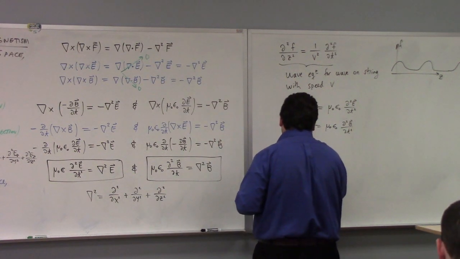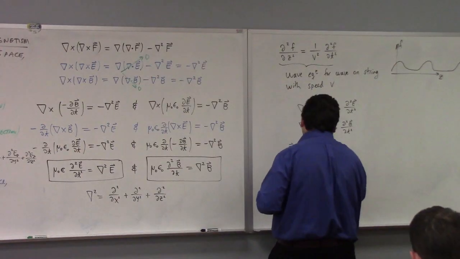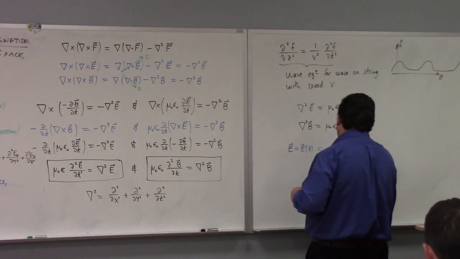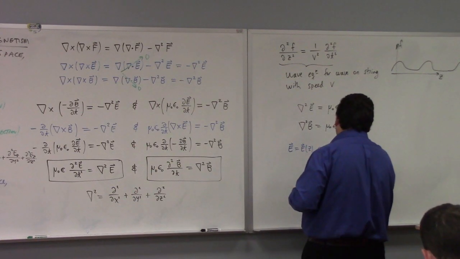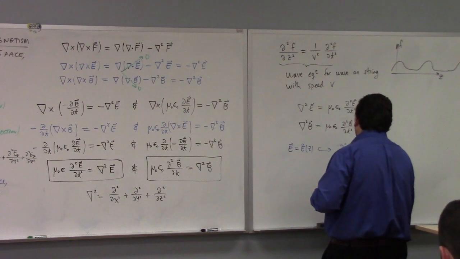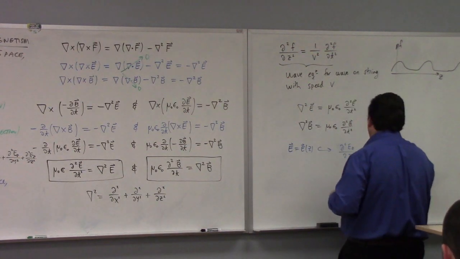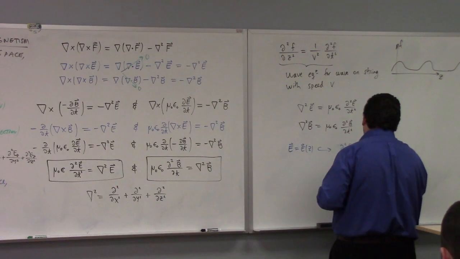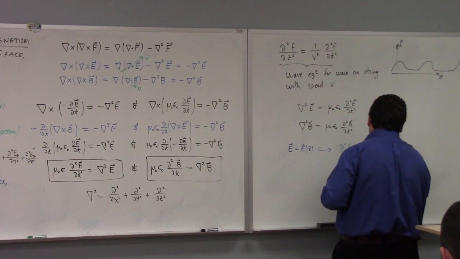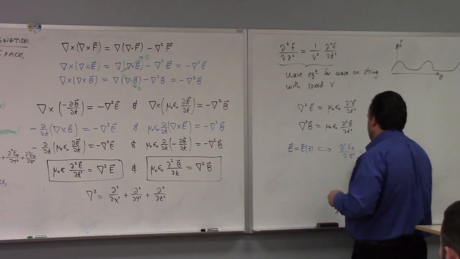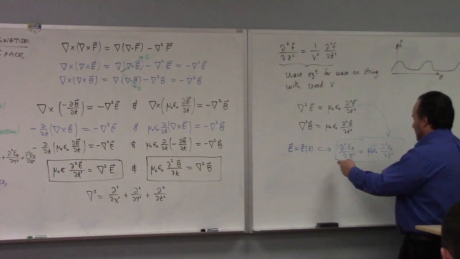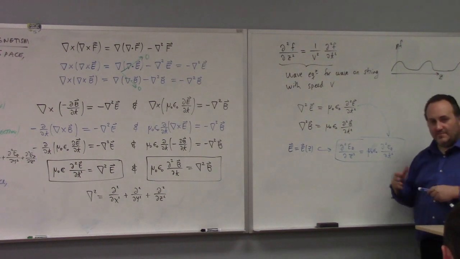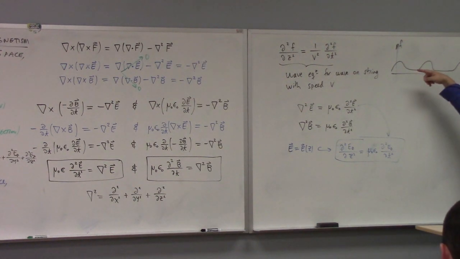E equals E of z, right? Then we could look at the z component. We'd have partial squared Ez partial z squared equals, not 1 over, mu naught epsilon naught, partial squared Ez partial t squared. This is how that specializes in the most natural context to compare it to the wave equation on a string.